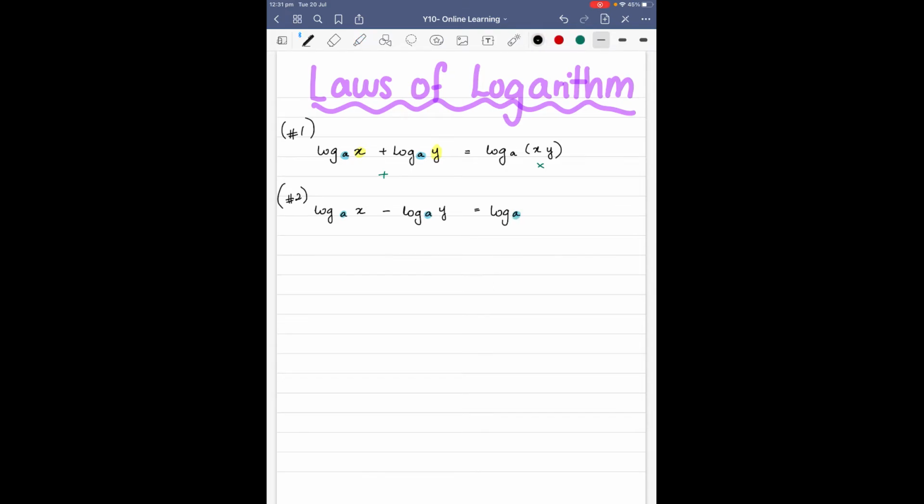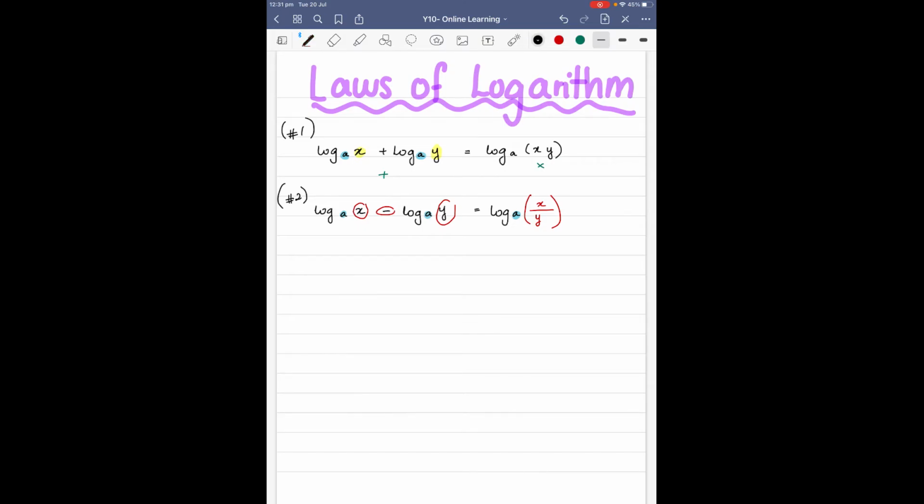However, if you are subtracting, what goes first is on top. This looks like a fraction, so it becomes log base a of x over y. It becomes a division.